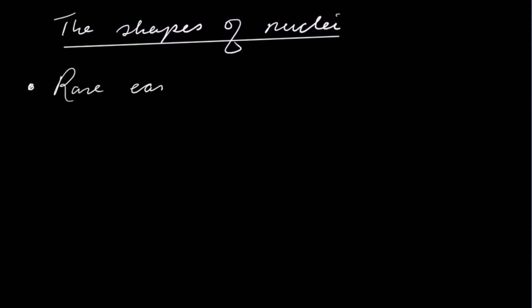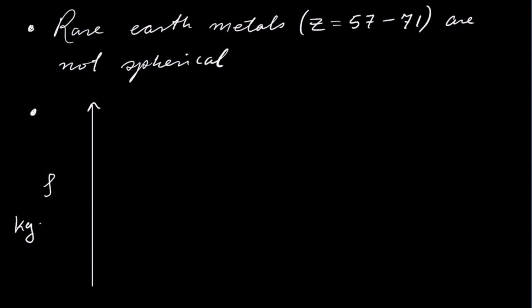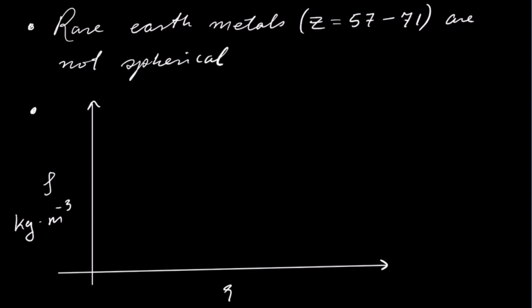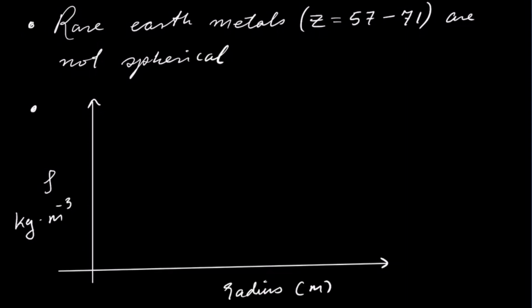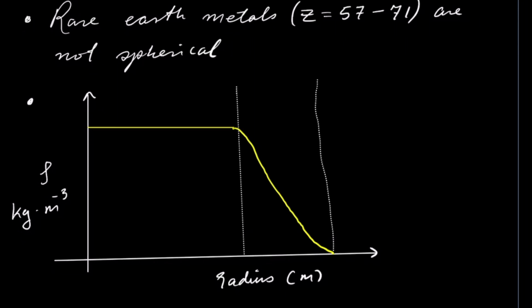Rare earth metals, that is atomic number 57 to 71, are not spherical. Let's plot a graph of density against the radius. We've already established that the density will be constant for a greater part, and then it will decrease sharply for bigger nuclei. This distance is referred to as the skin thickness.